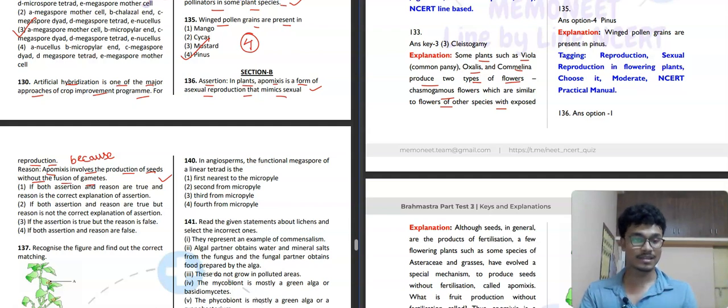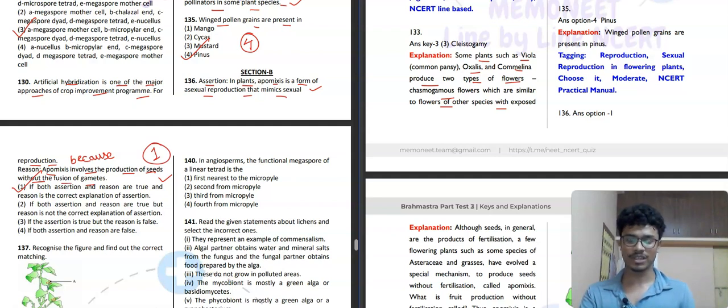Absolutely, the reason is correctly explaining the assertion: it mimics sexual reproduction because it involves production of seeds but without the fusion of gametes. That's why it is called apomixis. So the first option will be our correct answer, as the reason is the correct explanation of the assertion, and both statements are true.